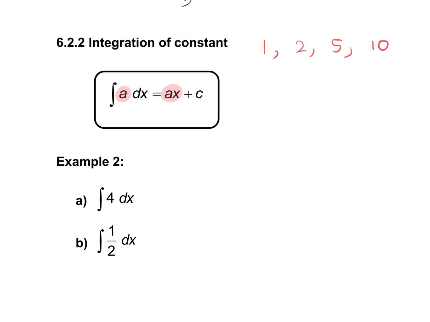Okay. So, bila constant ni daripada tak ada x, dia akan jadi ada x. Okay. So, for example, if here integration of 1, integrate 1, then you will get x. Integrations of 2 will give you 2x. 5, 5x, 10, 10x.